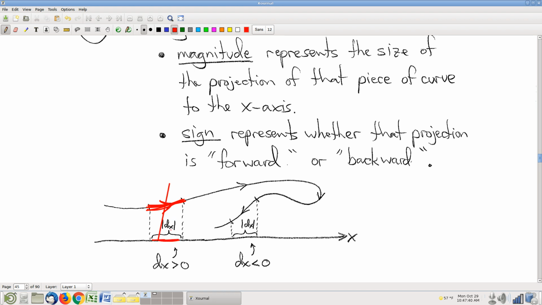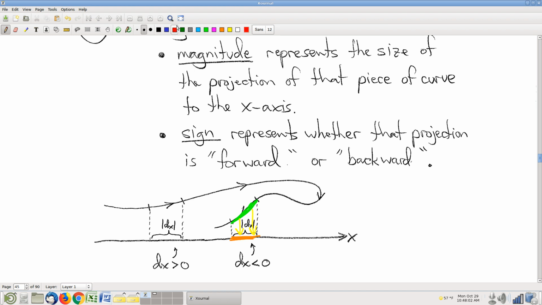and it's this much because of the size of the shadow. Whereas this other piece of curve over here, if you push down to the x-axis, it projects to give you something of this size.